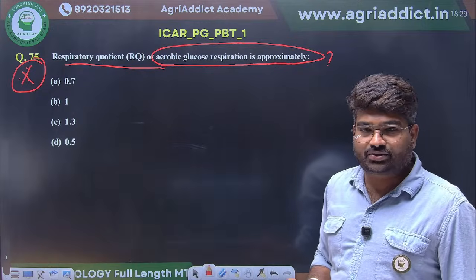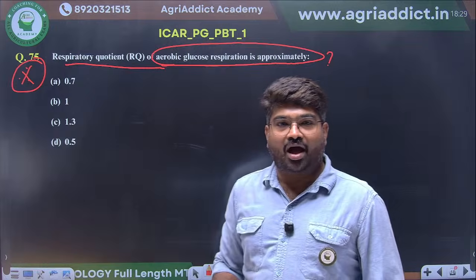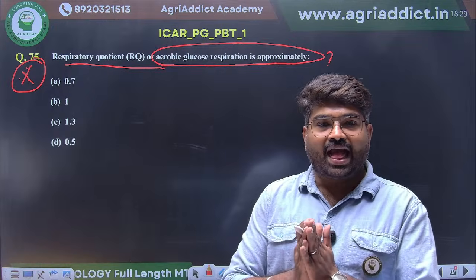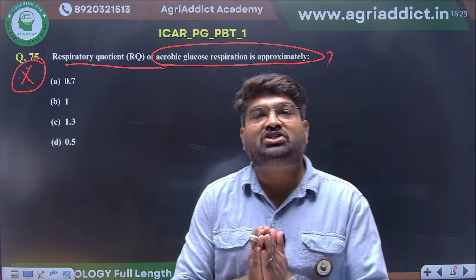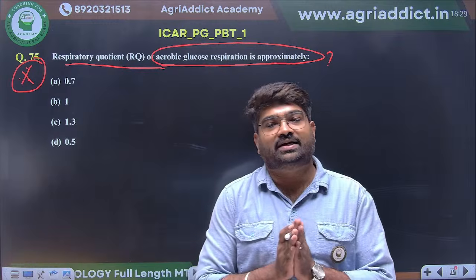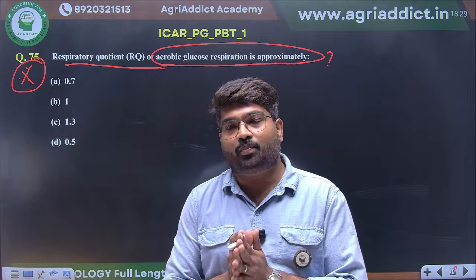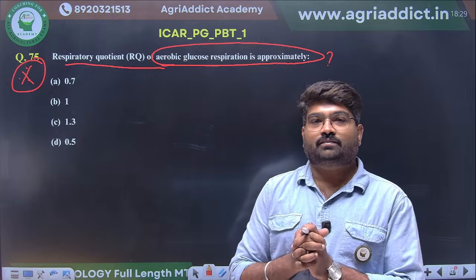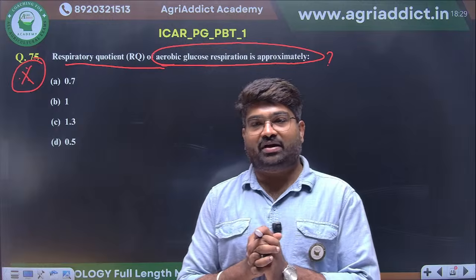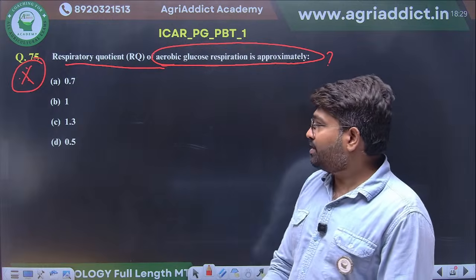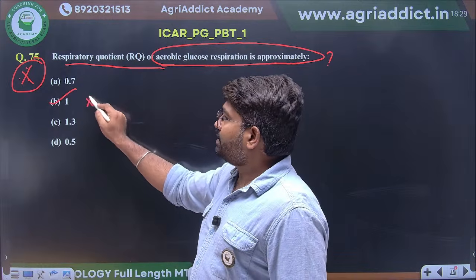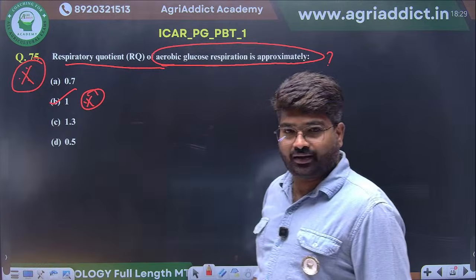What will be the RQ, respiratory quotient, for aerobic glucose respiration? What will be the ratio, students? It will be 1 or 0.7 or 1.3 or 0.5. Yes, option B, 1. Excellent. RQ will be 1.